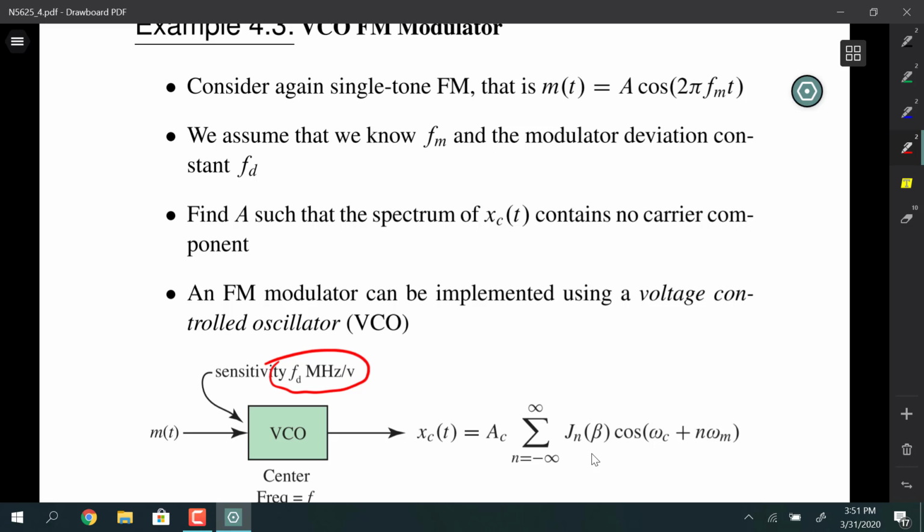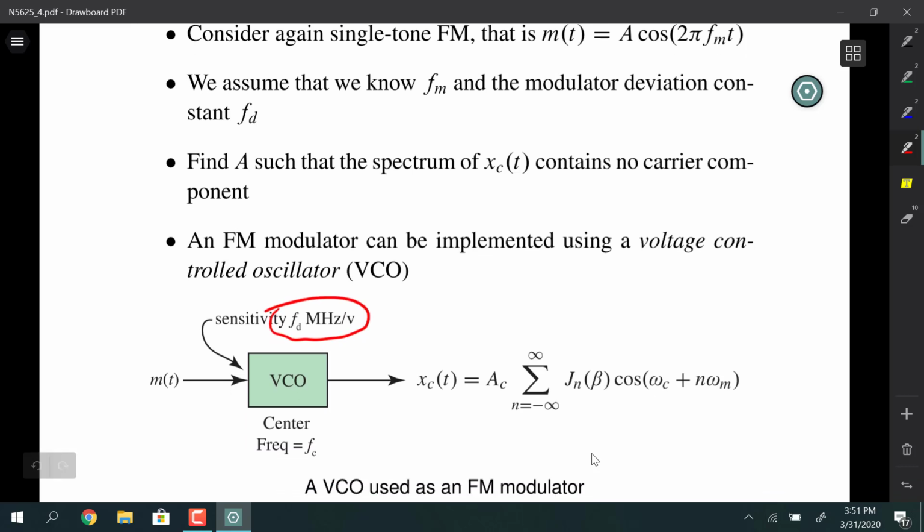So we can deviate the carrier about its quiescent frequency, fc, by so many megahertz per volt of input voltage. Positive voltage would swing it high, negative voltage would swing it low in frequency.